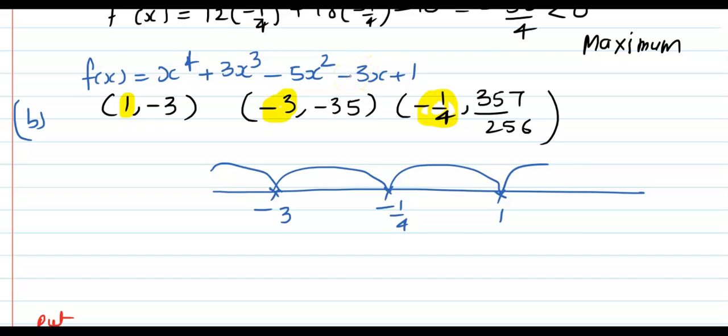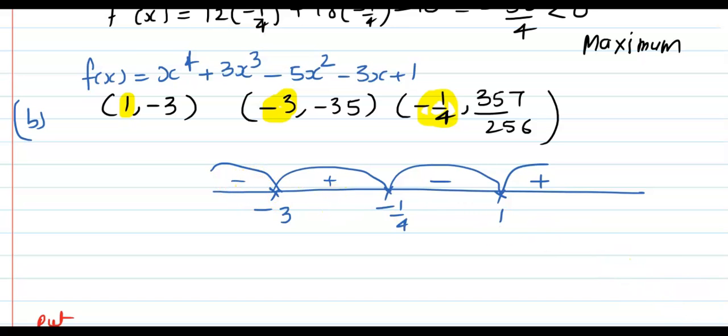If we sketch the graph, these are the points. For any number greater than 1, if we put 10 here, then definitely it will be positive. Then this will be negative here, and this is again positive here, and this is negative.